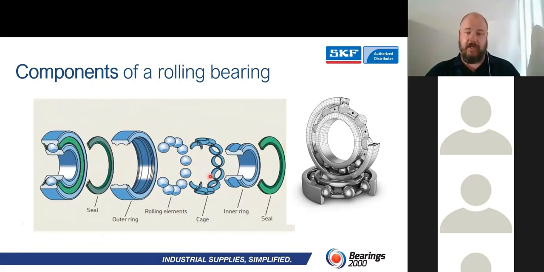Now, the cage would be there if it is a bearing that is not full complement. So the cage is there just to retain your lubricant and, of course, space your rolling elements. Your inner race, that is your small d over there, your outer race, your big D, and then, of course, your width, which would be your B. And then, like I said, whichever way you try and seal the unit.